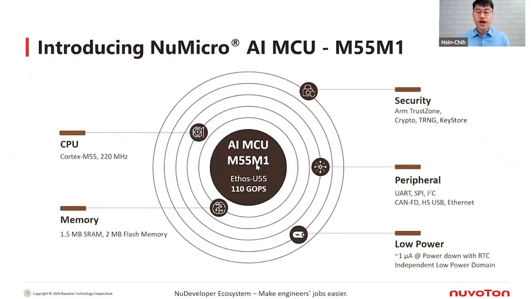The M55M1 architecture is very similar to that of a traditional microcontroller. Developers do not need to worry about differences between the microcontroller they are currently using and the M55M1. Featuring a Cortex-M core with embedded 2 MB flash and 1.5 MB SRAM, the M55M1 can be used just like a conventional microcontroller.